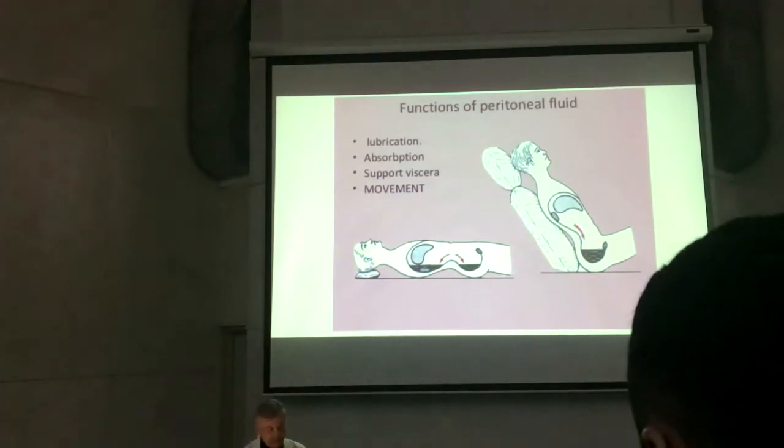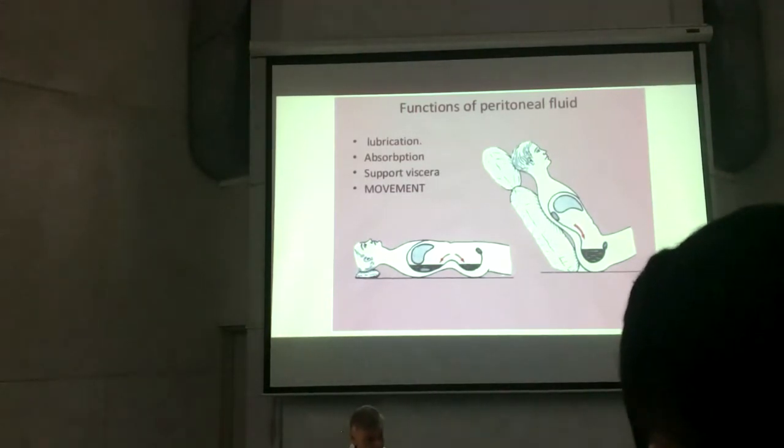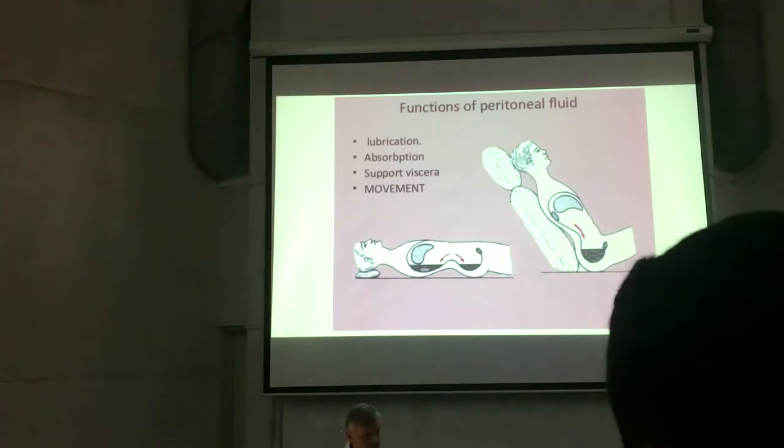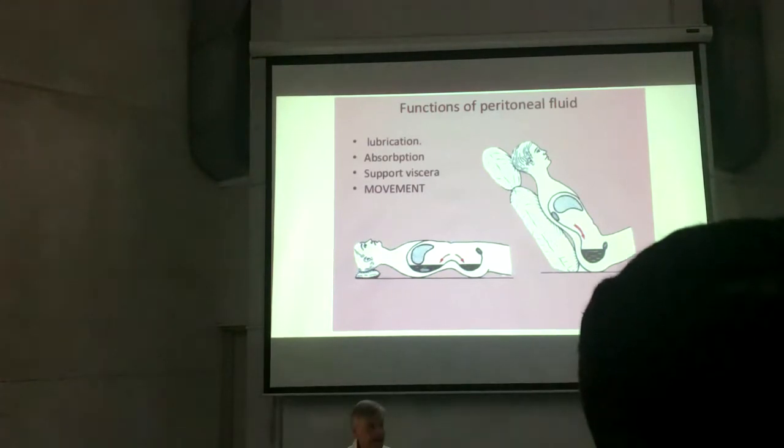The moral of the story. We talked about fluid in the peritoneal cavity, pathologically collecting. We talked about the lesser sac, greater sac, pouches, gutters, and we went to the pelvis.